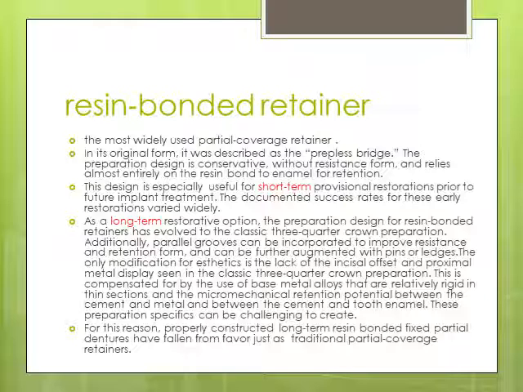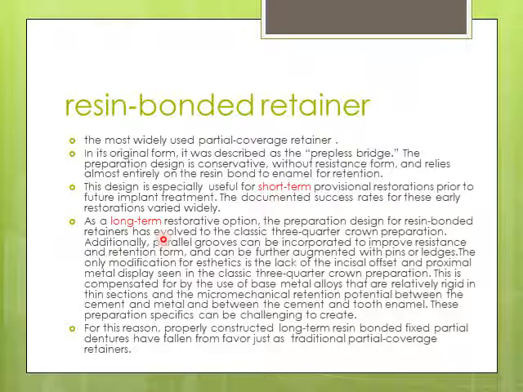Resin bonded comes into two main types: short-term provisional restoration or long-term restoration. Short-term provisional restoration is a prepless bridge. There is no need for preparation here, depending almost entirely on retention from the resin bond to enamel.